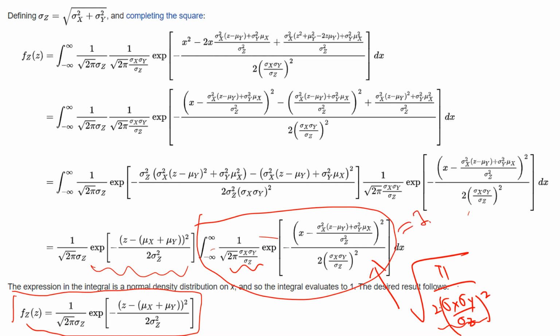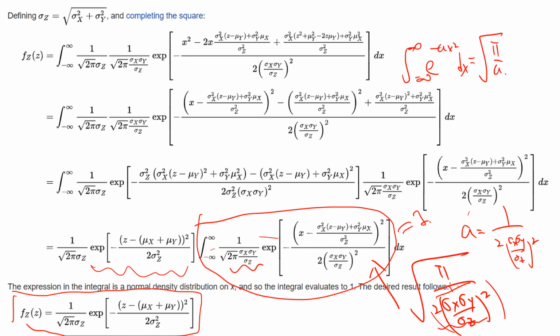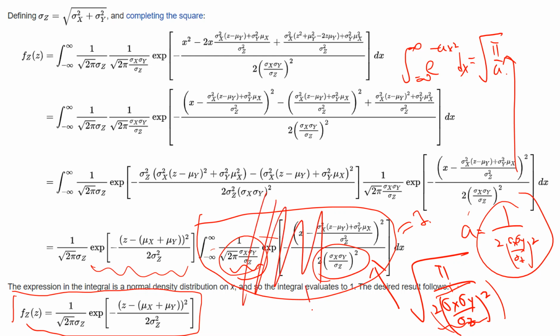Sorry, it should be pi over a, because now a is 1 over 2 sigma_x squared sigma_y squared over sigma_z squared. So the integral of exponential of minus a x squared dx is the square root of pi over a. You let a be this and put it in, and then you will see this term is exactly this term. If you take the square root, all these terms become 1, and the rest will be this.